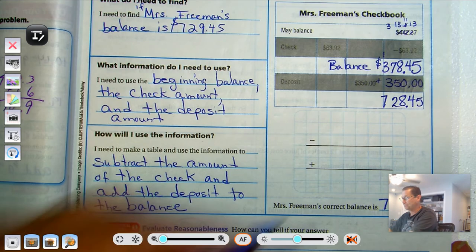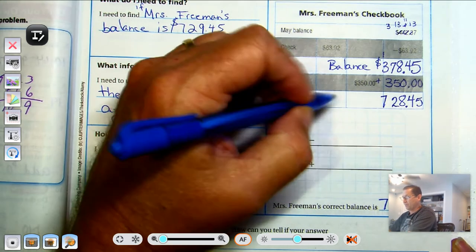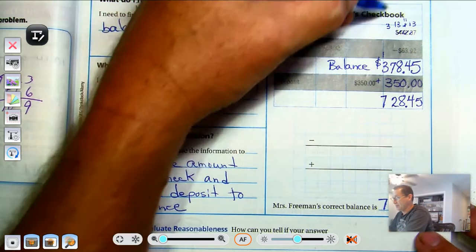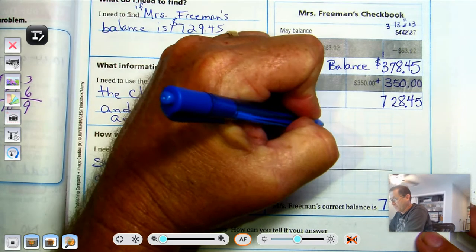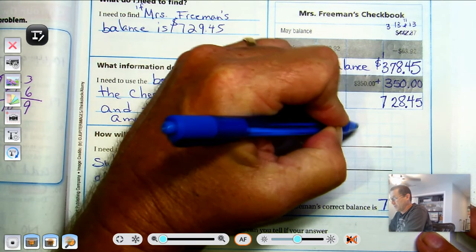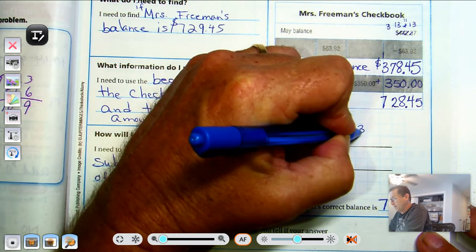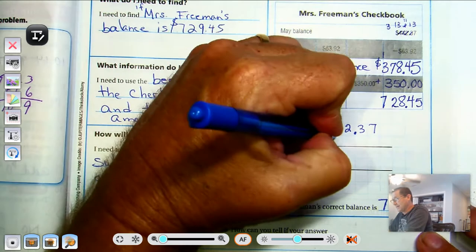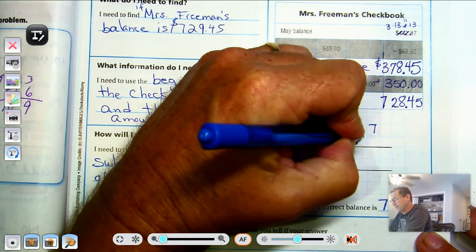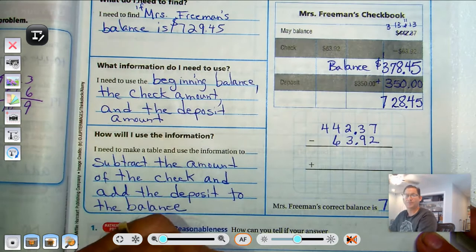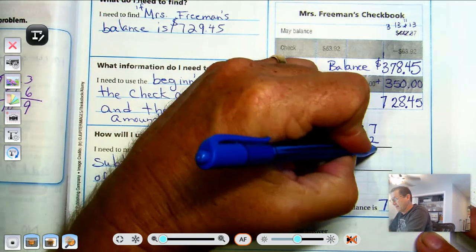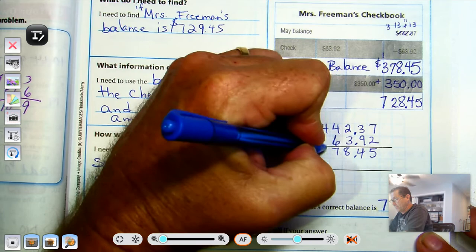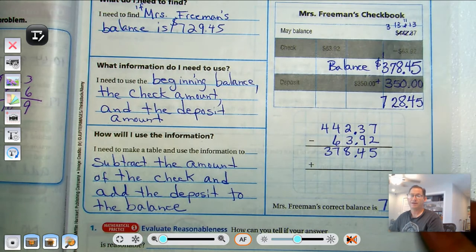Okay. So what did we do if we were solving using this section with the lines? Well, we would have started with $442.37. We subtracted $63.92, and that gave us $378.45.